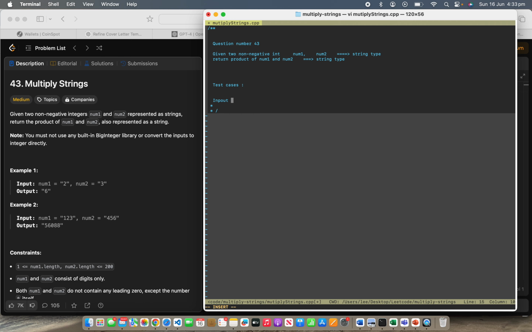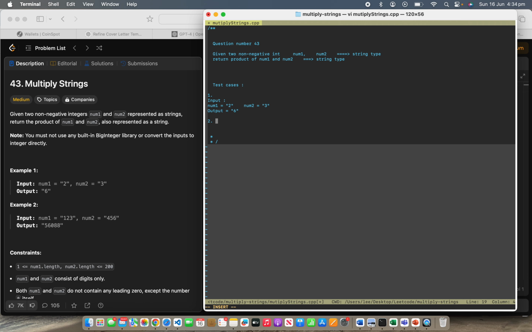So test cases. Input: number 1 is equal to 2, number 2 is equal to 3. The output should be 6. Okay, so that's the first test case, and we can have other test cases.